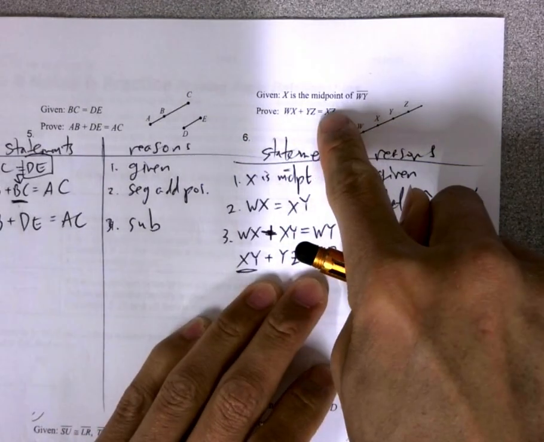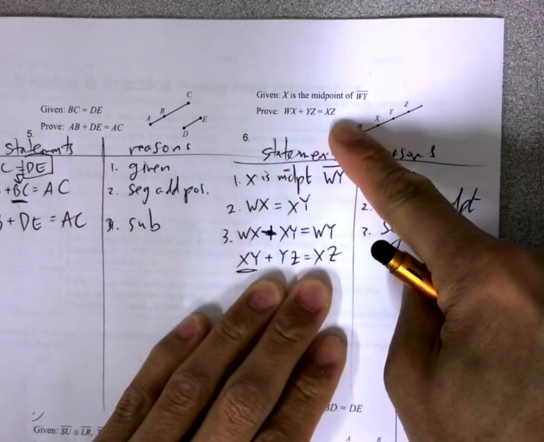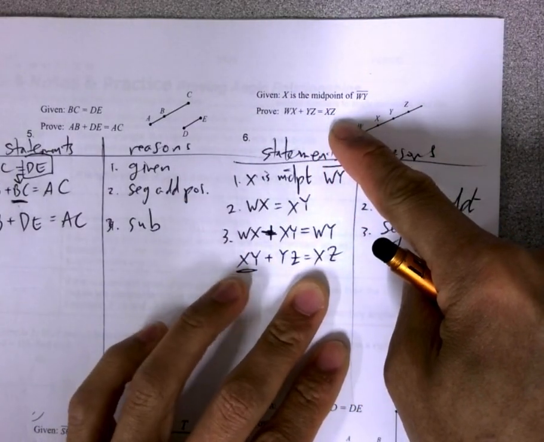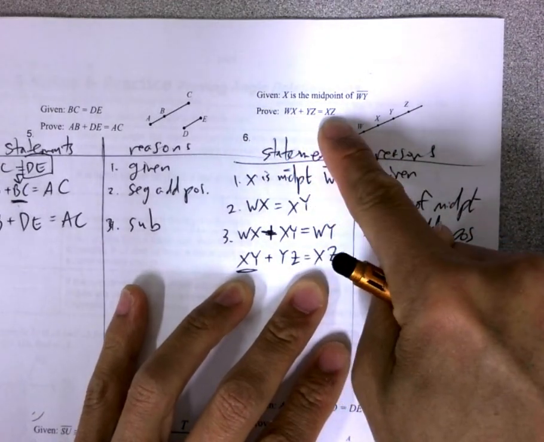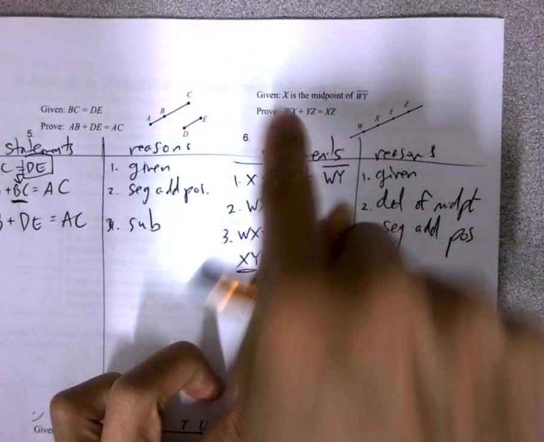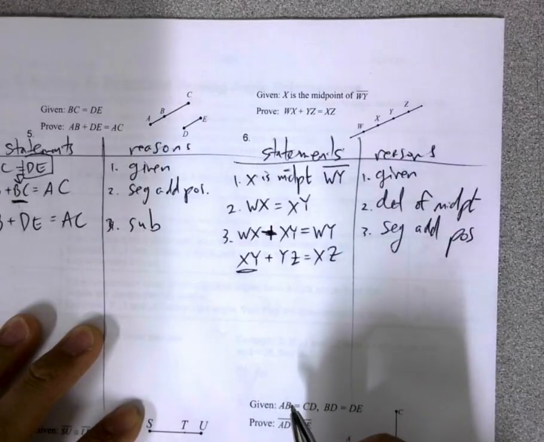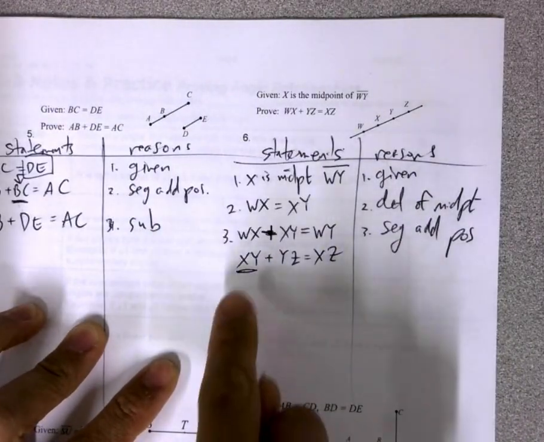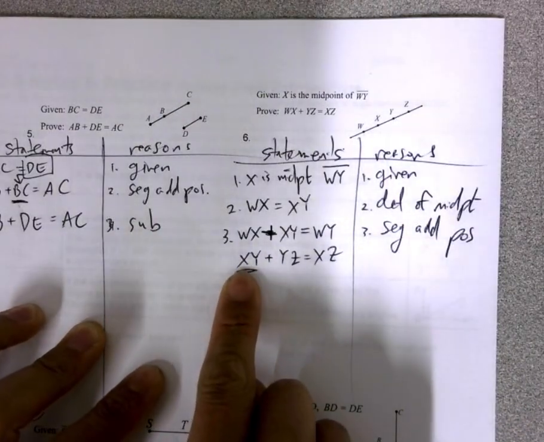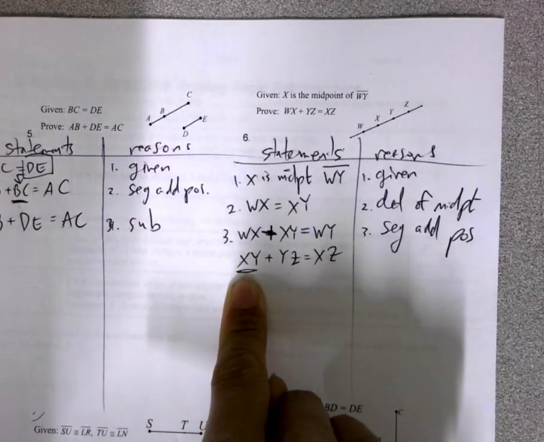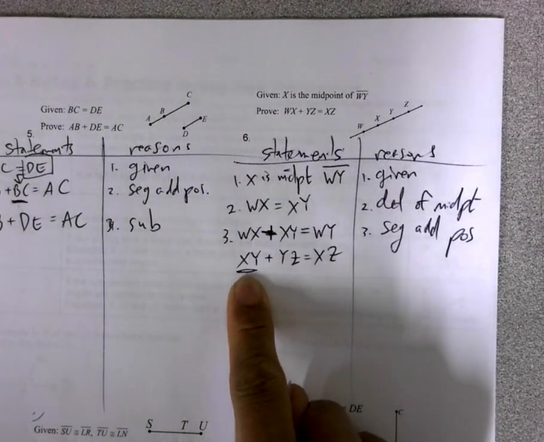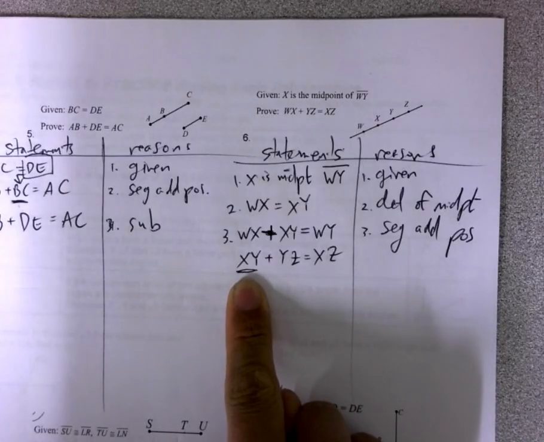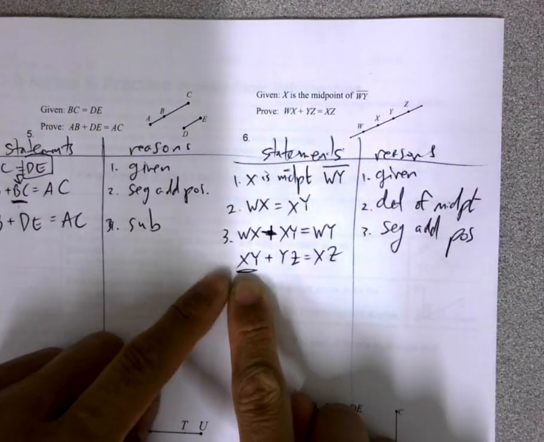If you see these two statements here, they're exactly the same, except this expression is a WX. Right? If we can change this to WX, we have the proof statement. Do you see that? So can we change that to a WX? Well, the only way that we could do that through substitution is if we have an equation that says XY equals WX. So do we have that equation?